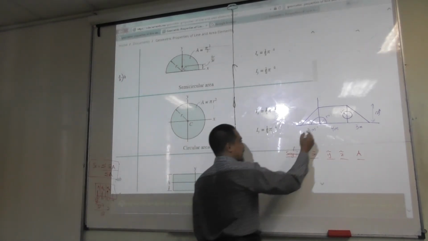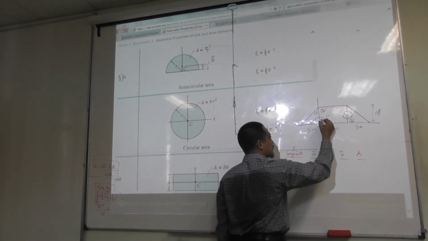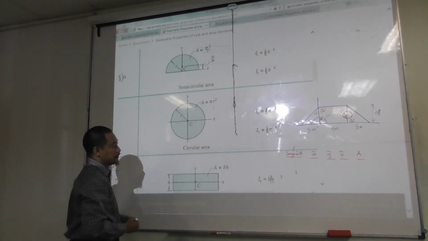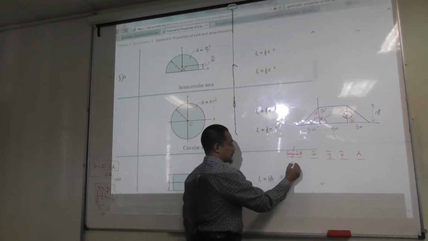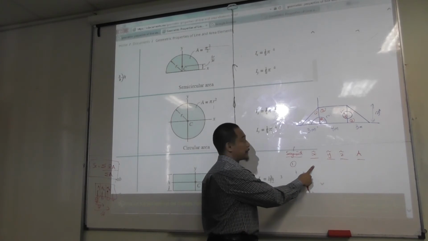So for example, let's say this is 1, 2, 3, 4, 5. Alright. So segment 1. What's the X coordinate? 1.